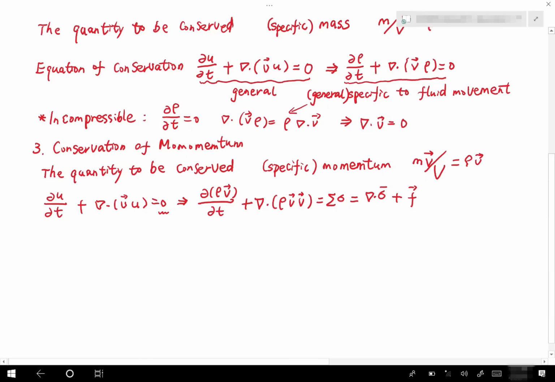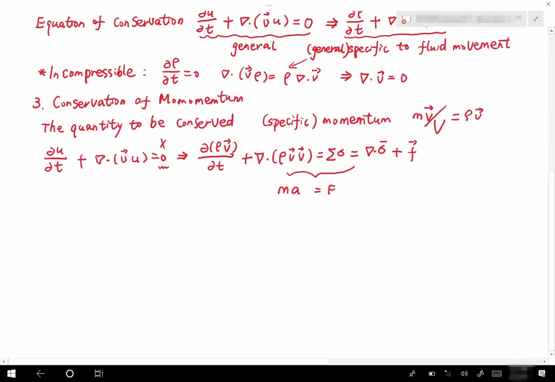So this one may look similar to what we did in the mechanical field. It's just like F equals ma. Can you guys understand this?